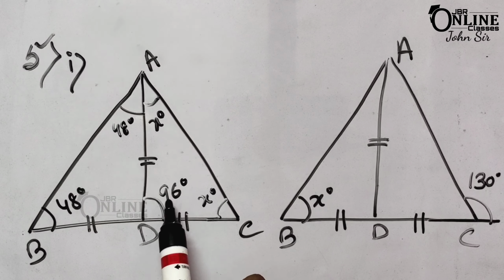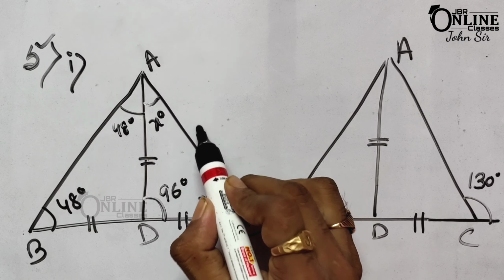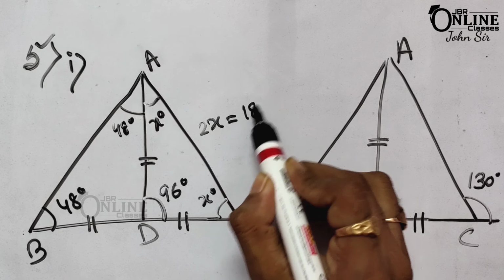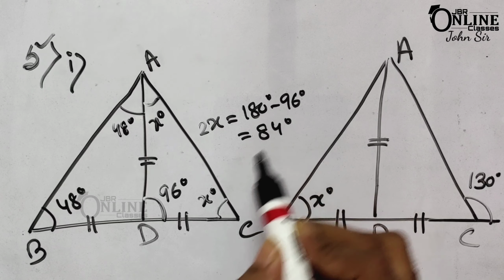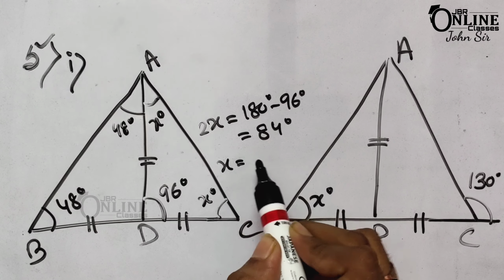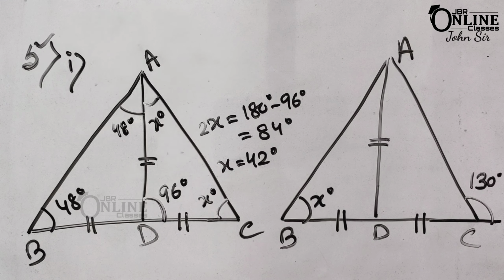Okay, so the addition of these two, that means x plus x, that is 2x, equals 180 minus 96, and that equals 84. So definitely x equals 42 degrees as your answer.